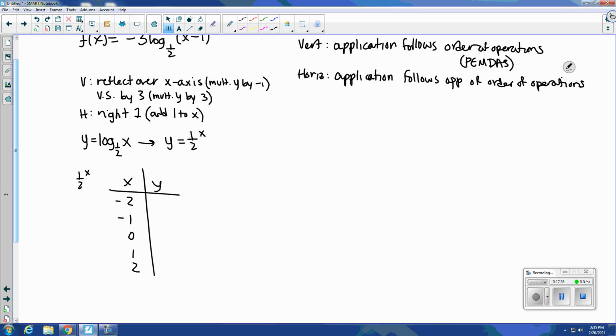So we're not leaving any pieces of the exponential out, which ultimately, through reflection, will prevent us from leaving out any pieces of the logarithm. So 1/2 to the -2 is the same thing as 2 to the +2, which is 4, 2, 1, 1/2, 1/4. Now we'll flip this thing over to get log base 1/2 of x.